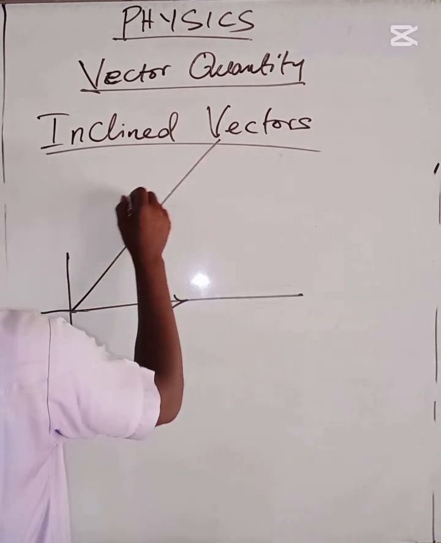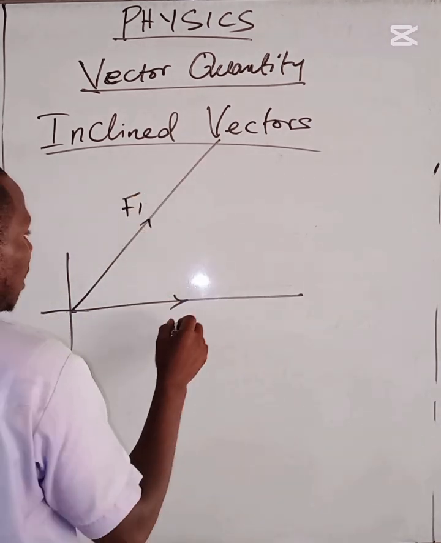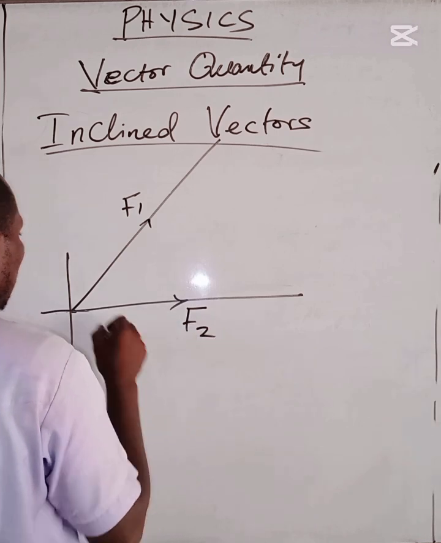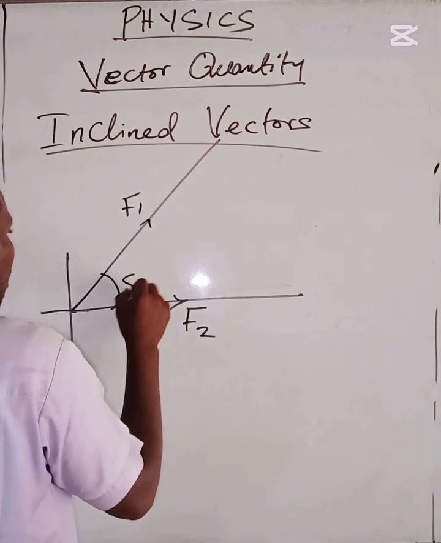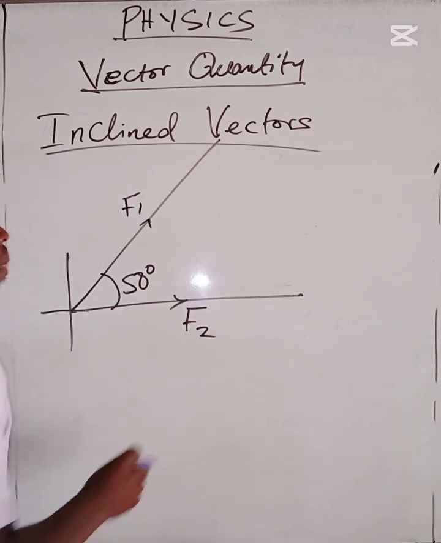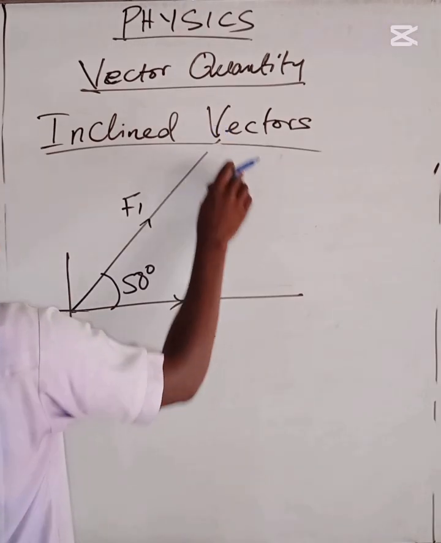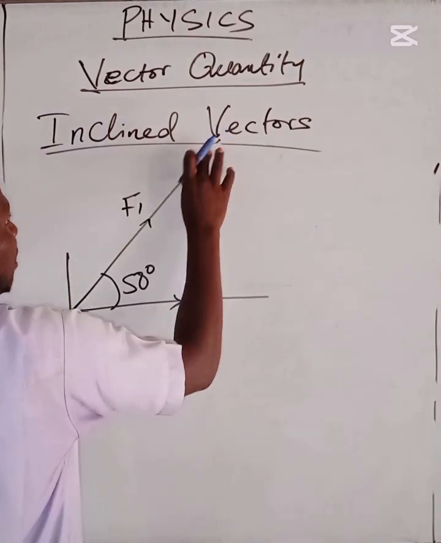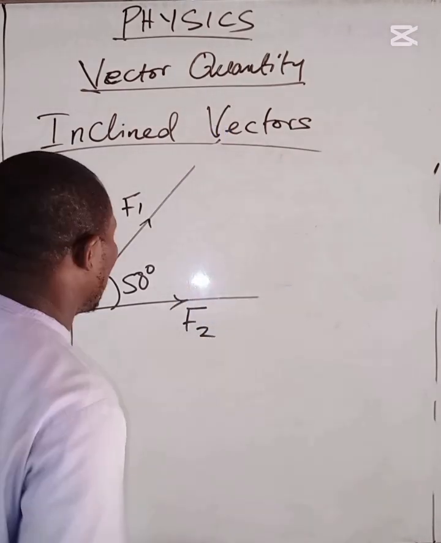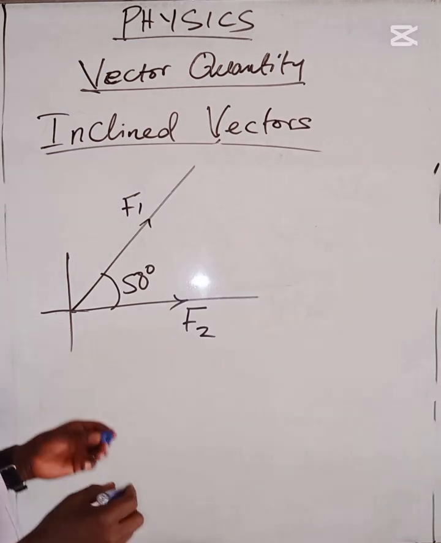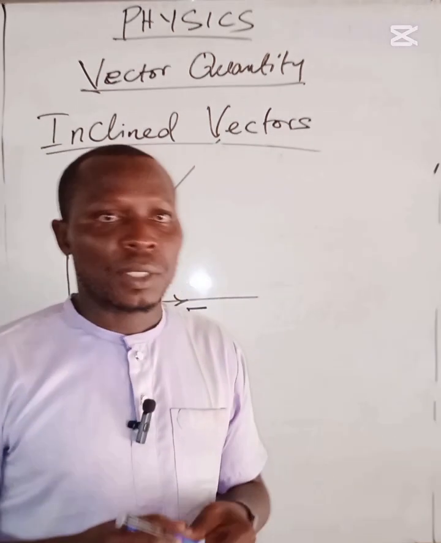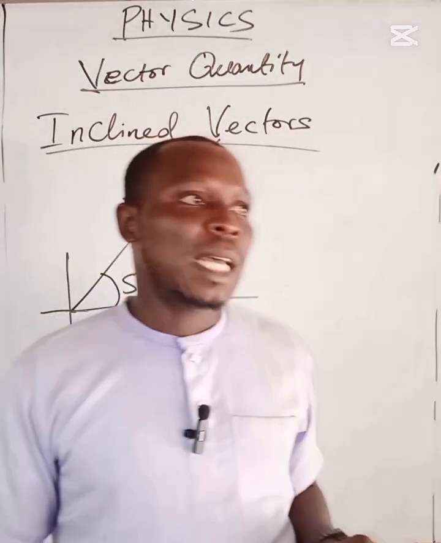So let me call this one F1 and this one F2, and the angle between them is 50 degrees. Okay, now to solve the problem here, I told you earlier there is a law we follow, and that law is what we call the parallelogram law of vector addition. And what does that law state?